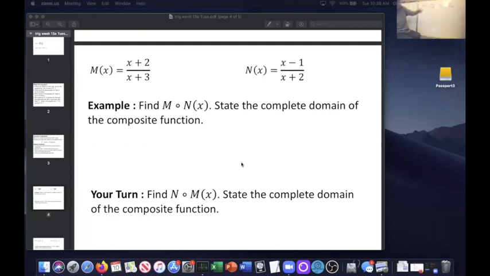Okay, but this notation for the example, this does not mean M go into N. This means the other way around, N go into M. That's what that means. And I'll just point out again how to think about it in a second.